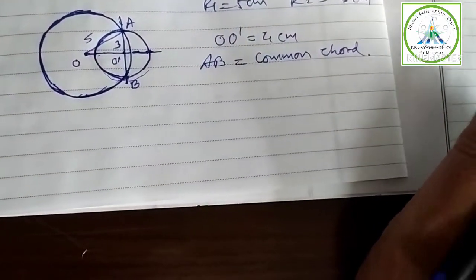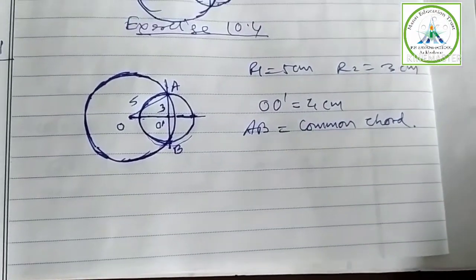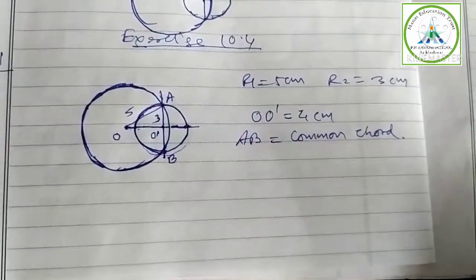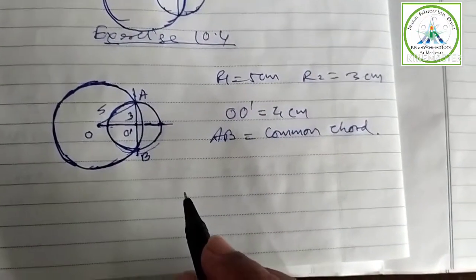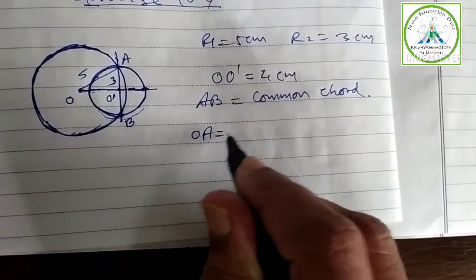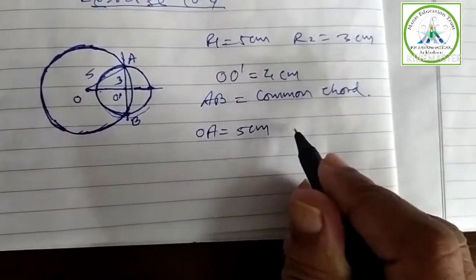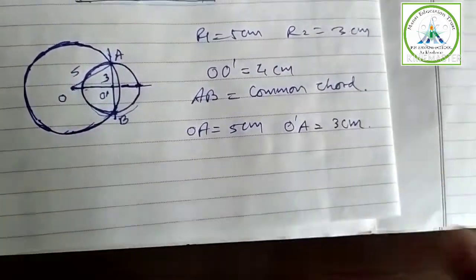Now see, all these chords are given names, AB chord. OA is the radius of the bigger circle, O dash A is the radius of the smaller circle, that is OA equal to 5 cm and O dash A equal to 3 cm. Please note down this.